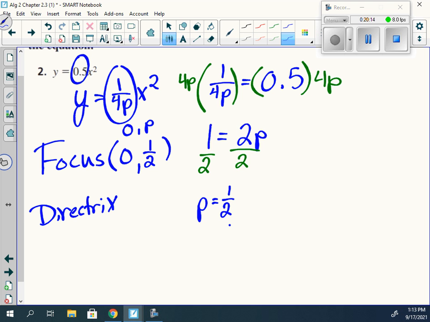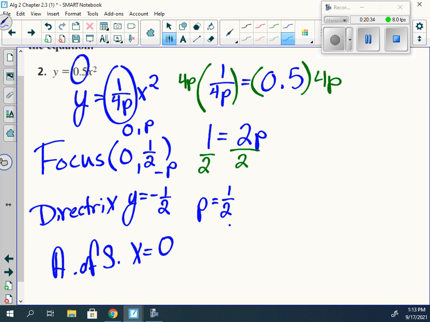The directrix is y is equal to, normally it'd be negative p. So here it would be negative 1/2. And lastly, the axis of symmetry is x is equal to 0.